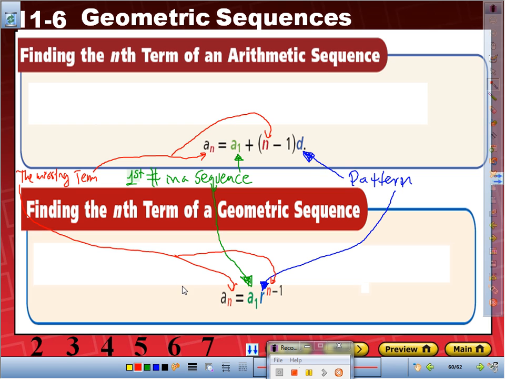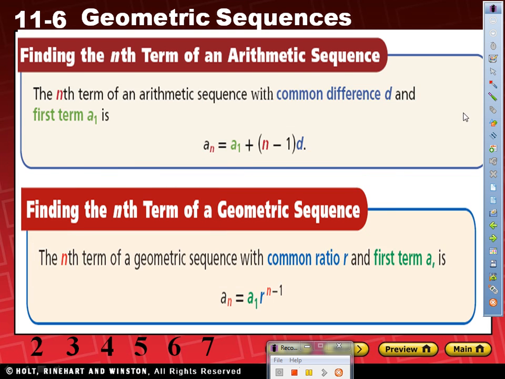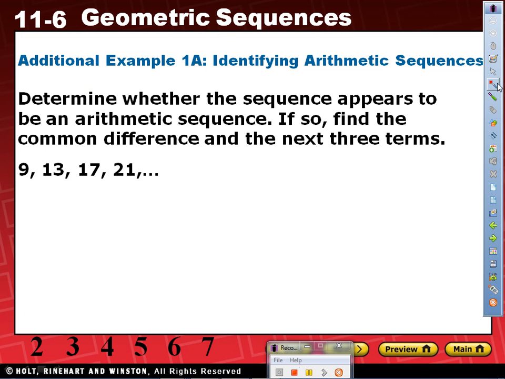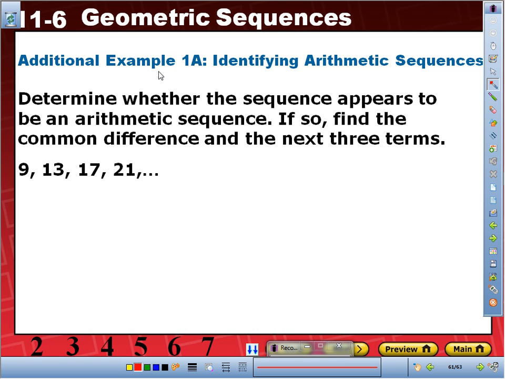First and foremost, I want you to see what an arithmetic sequence is. So let's write that down. Example number 1. Copy this down, please. For this one only, you're going to write the black text. For the following, you won't. So just write example 1A: Determine whether the sequence appears to be an arithmetic sequence.